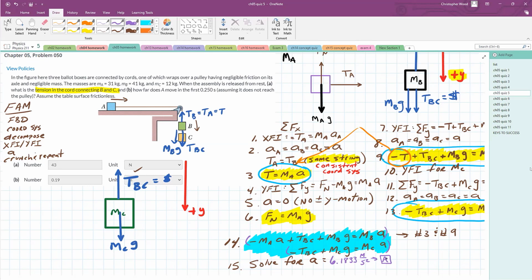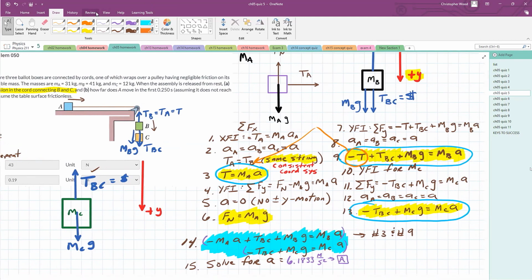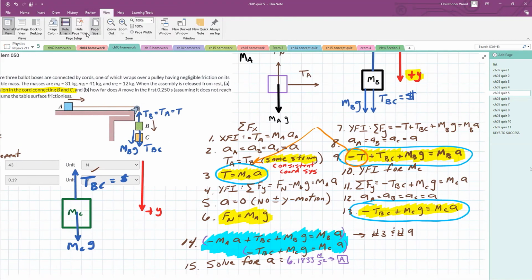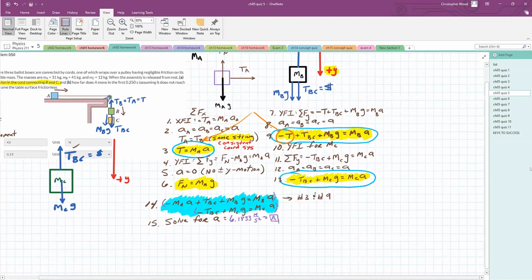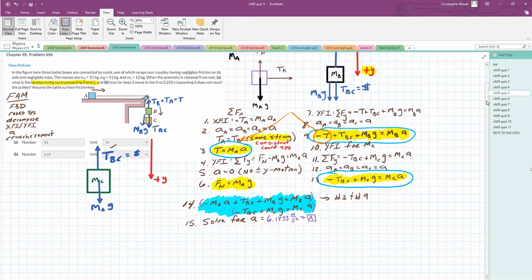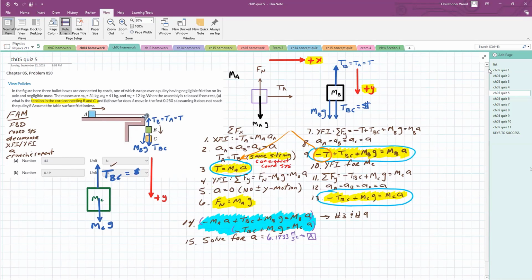Okay. What's the tension? Are you still looking for the tension? No. Now we're going to move on to part B. To get tension, we need acceleration. Then we need to do kinematics for part B. But I just need to double check my results here.